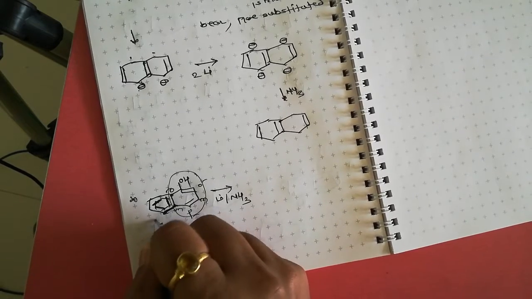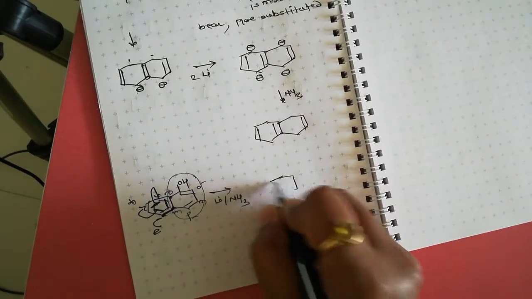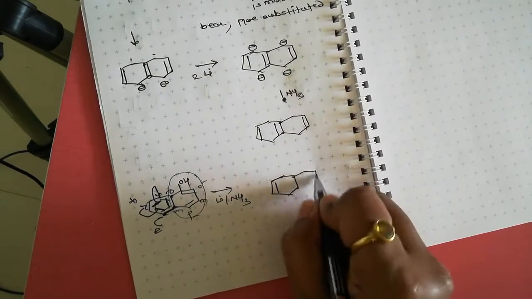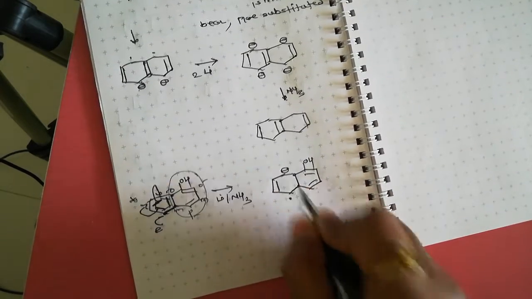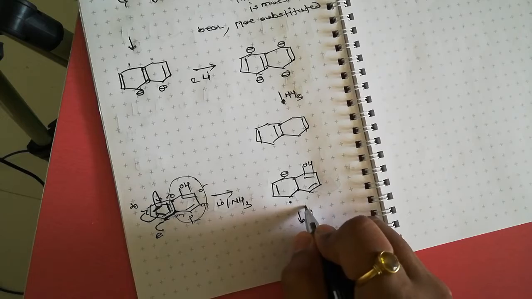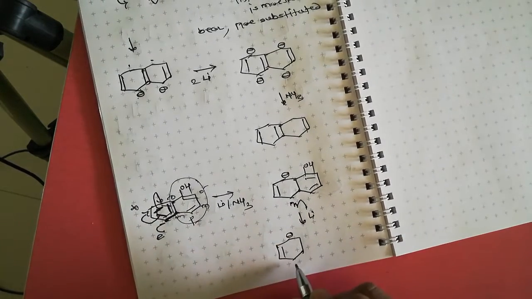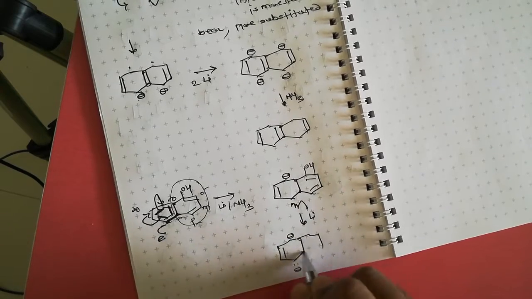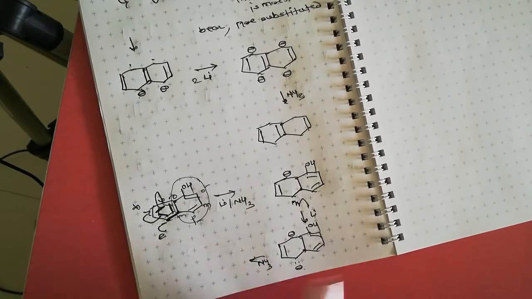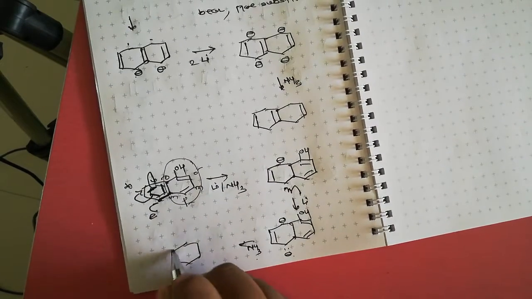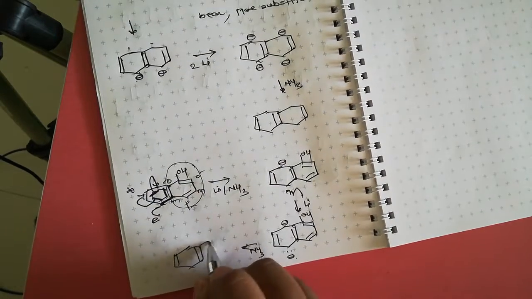This bond shifts here, and here is the negative charge, and we get an electron here. Again lithium transfers its electron to this negative charge, and we get two electrons, which means one negative charge. Ammonia transfers its proton to these two negative charges, and we get the double bonds here.